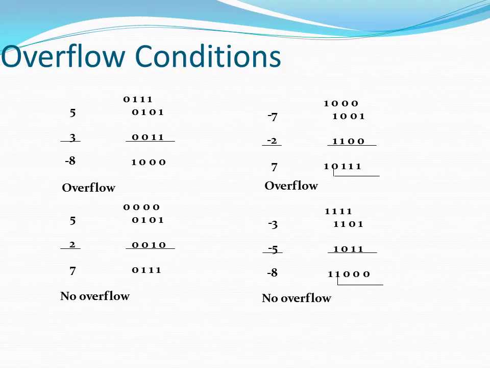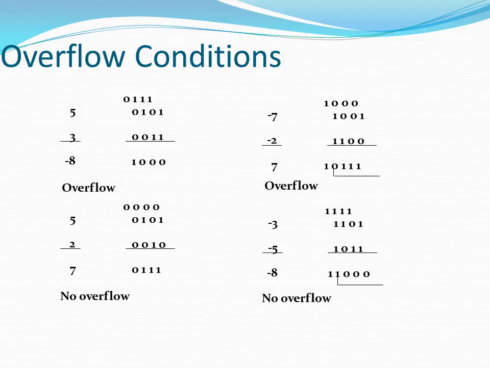In the first example, consider the numbers 5 and 3. Observe that 0101 is the representation of 5 and 0011 is the representation of 3. There is no negative number, so we use the normal binary representation, and then perform the addition operation.